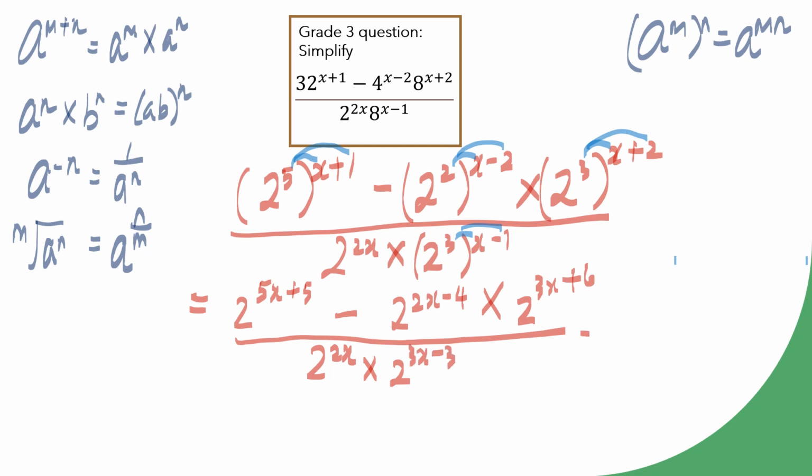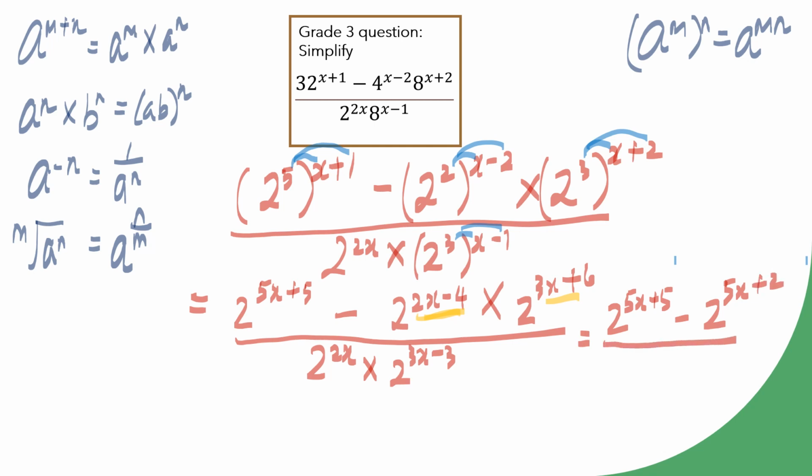Okay, so let's simplify further. Here we can add the powers. 2x plus 3x gives you 5x. Negative 4 plus 6 will be plus 2.